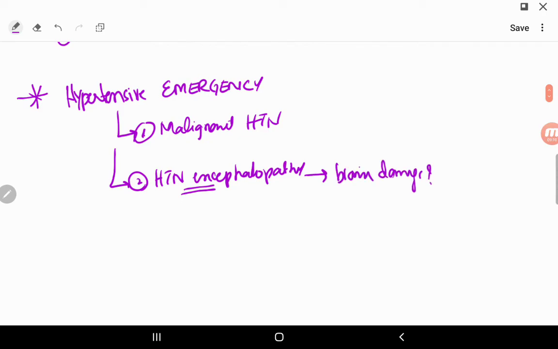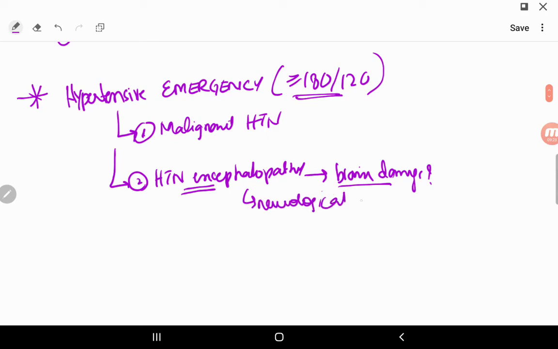Alright, so if you have very high blood pressure, let me just put it out there, 180/120, in both the cases you'll have high blood pressure. If you have some sort of brain symptoms, for example, some neurological deficits, some neurological symptoms, or cerebral edema, you have hypertensive encephalopathy that you're dealing with, right?